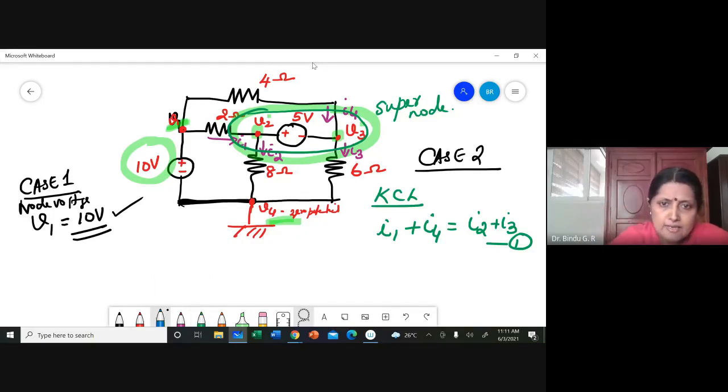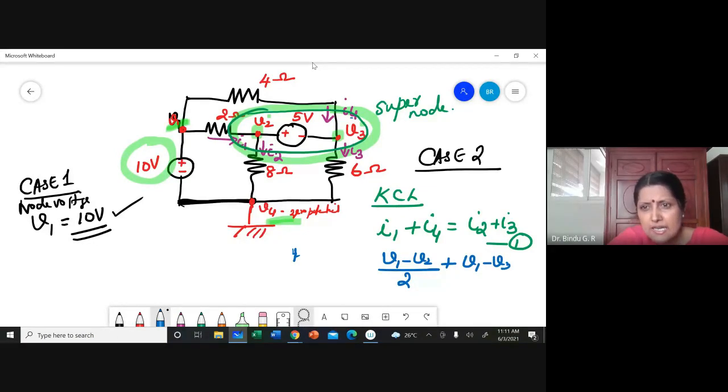So you have to write the KVL. I1 we can write as the current flowing through 2 ohm, that is (V1 minus V2)/2, plus I4, the current coming from V1 to V3 through 4 ohm, that is (V1 minus V3)/4, is equal to I2, the current flowing from V2 to the reference potential V4 through 8 ohms, that is (V2 minus 0)/8 or V2/8, plus I3, the current flowing from V3 to the zero potential through 6 ohm, so V3/6.